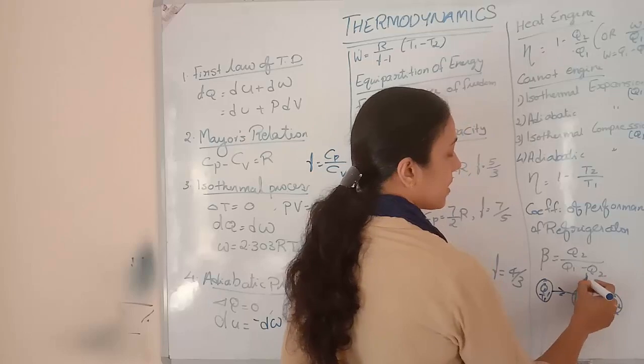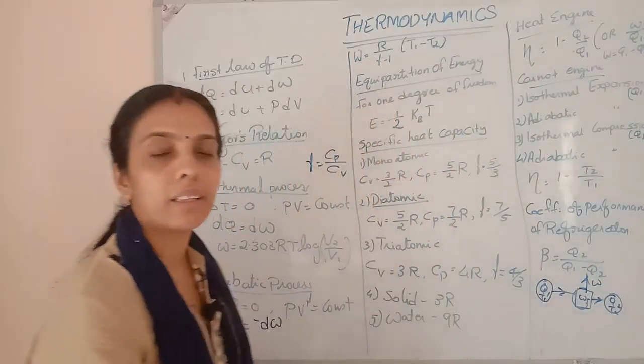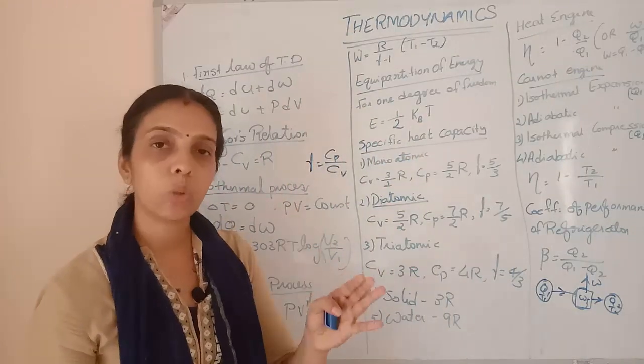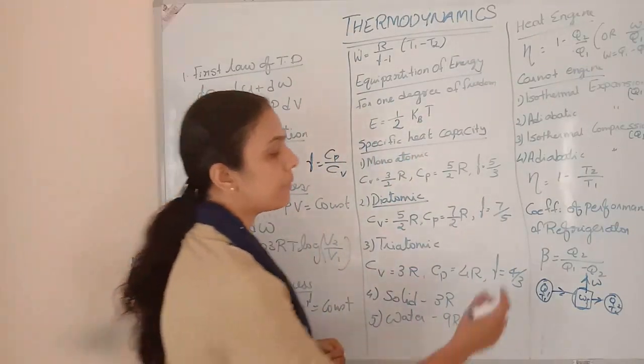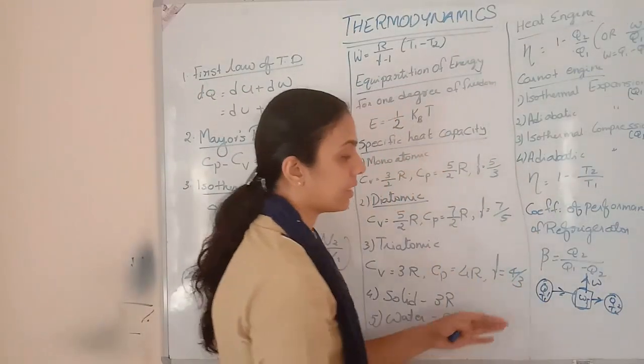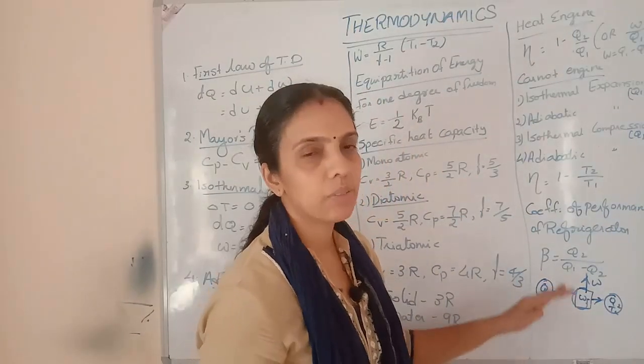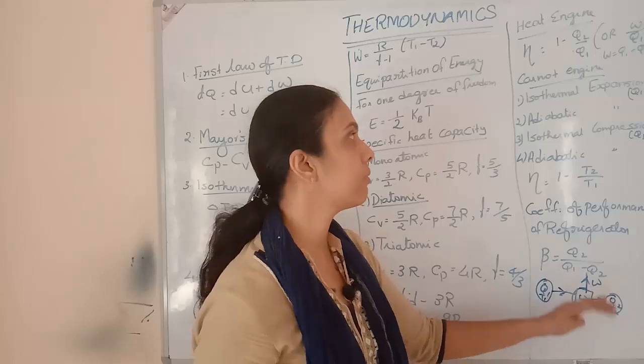Q1 is here, work is done outside, this is the heat engine. If all the arrows are opposite, then it will be a refrigerator. This is the block diagram for a heat engine.